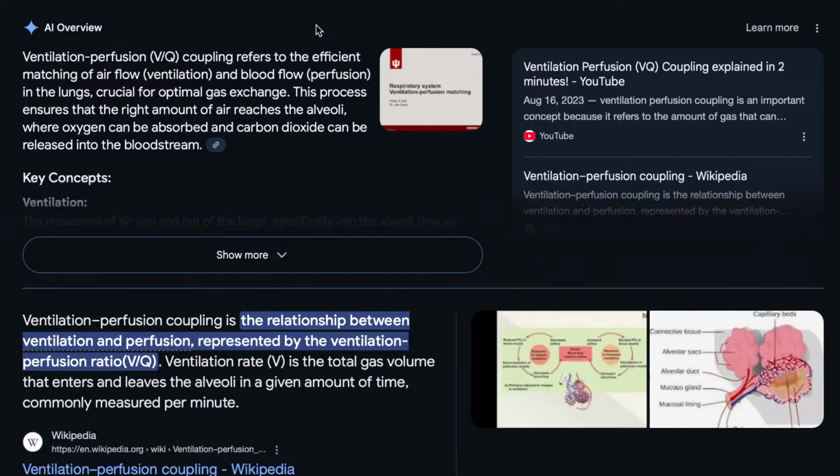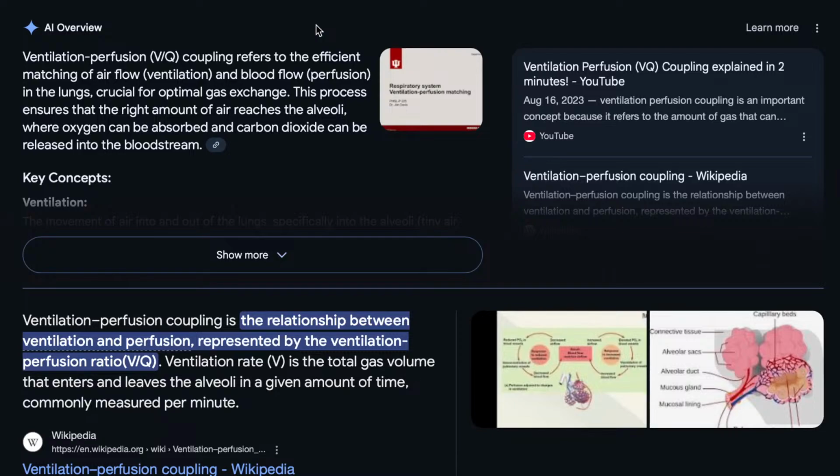This process ensures the right amount of air reaches the alveoli where oxygen can be absorbed and carbon dioxide released. So this is basically like the coupling, as in they both have to be doing well in order for you to receive the proper amount of oxygen.